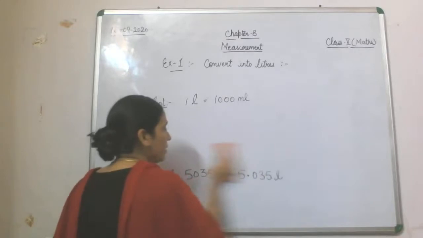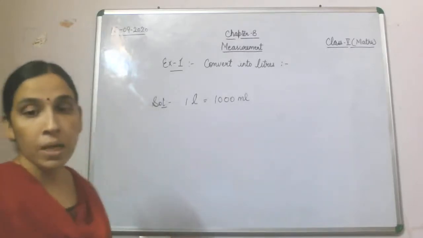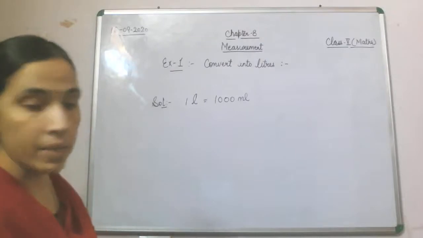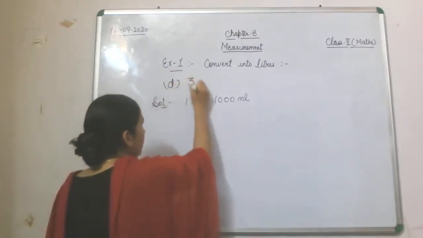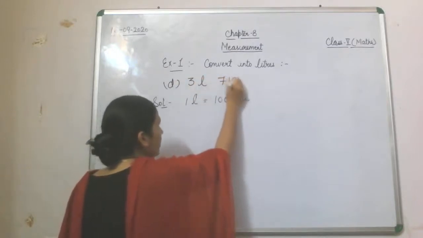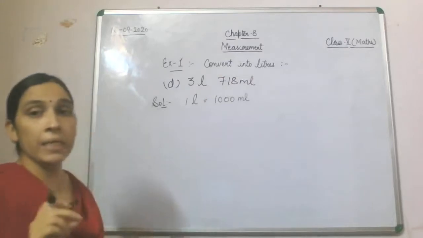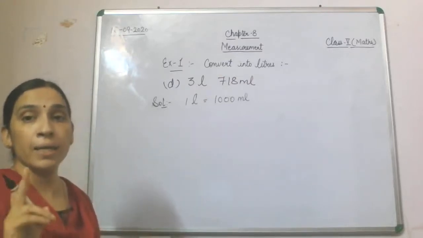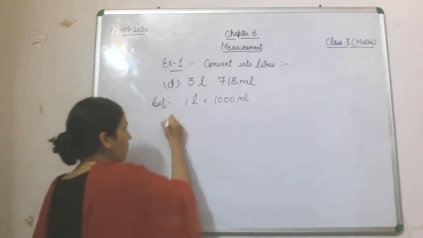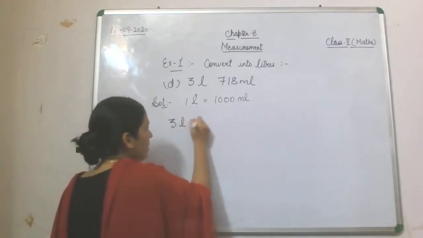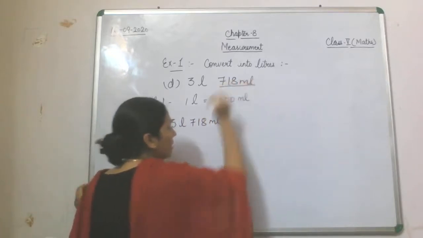D part is 3 liter 718 milliliter. Now the part which is already in liter, you will not convert. What does it mean? It means that the part which is only in ml, that you will convert.